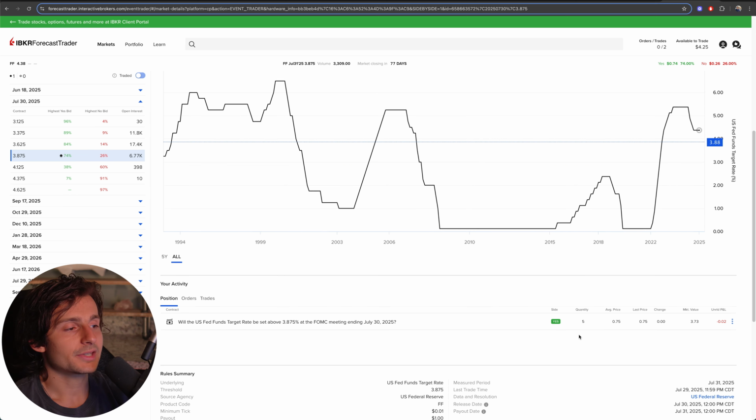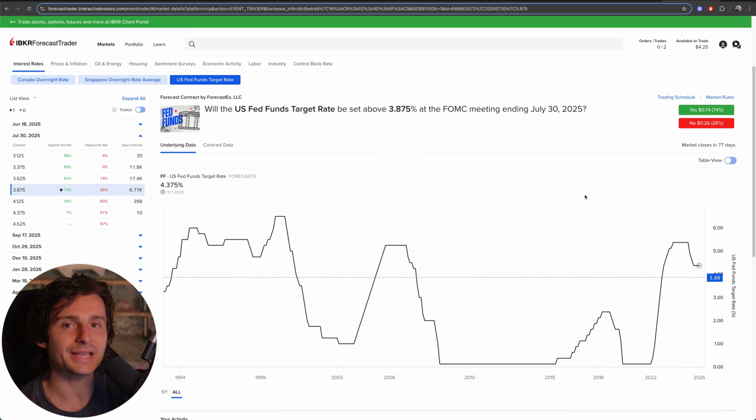So what does this mean? These event contracts close at $1 or $0. So if your bet is correct, you'll get paid $1 for every contract that you currently have, okay? In this situation, I have to pay 75 cents per contract.